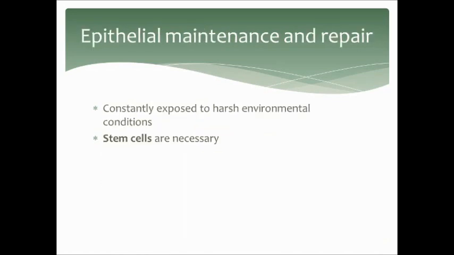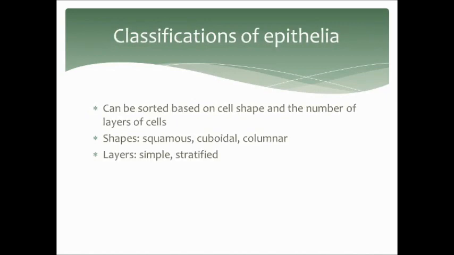So because these epithelial tissues are constantly exposed to harsh environmental conditions, it needs to constantly replace itself. So stem cells are necessary to keep dividing and forming these daughter cells that can provide for more epithelial cells. So we're going to talk about different types of epithelia.